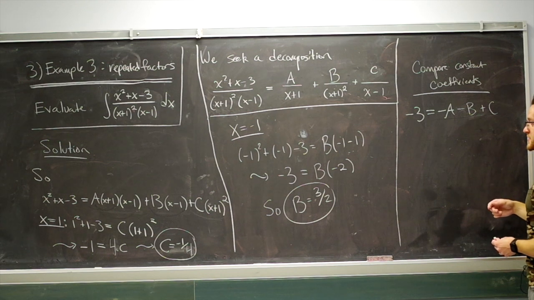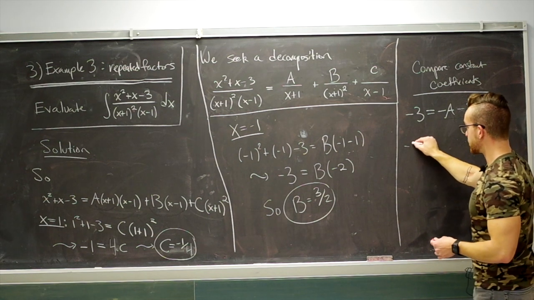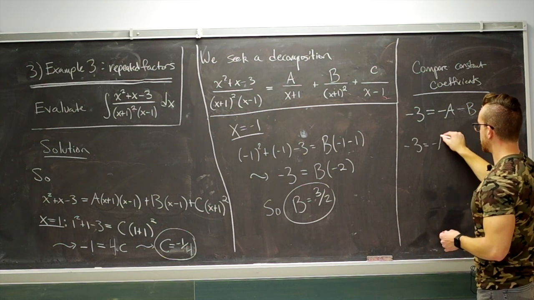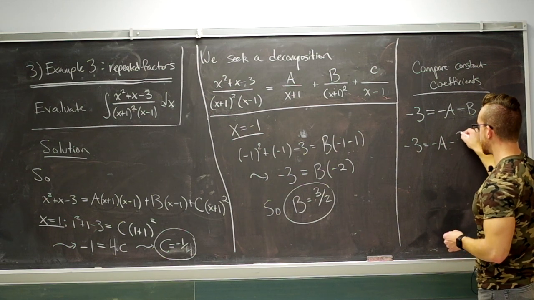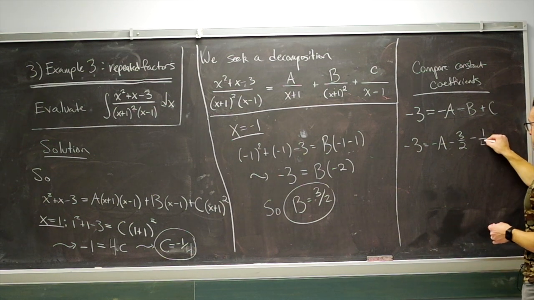Now we already know what c and b are. It's a little ugly looking. b was 3/2. c was -1/4.